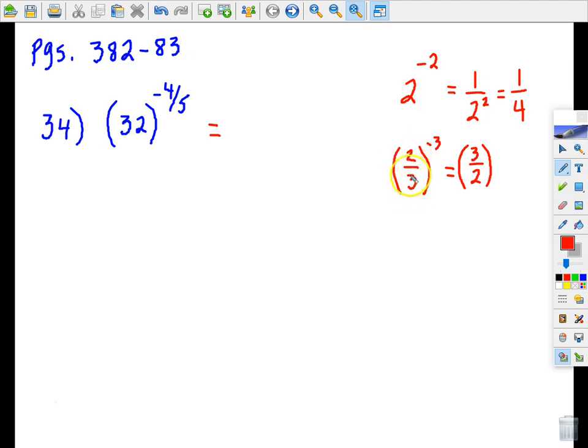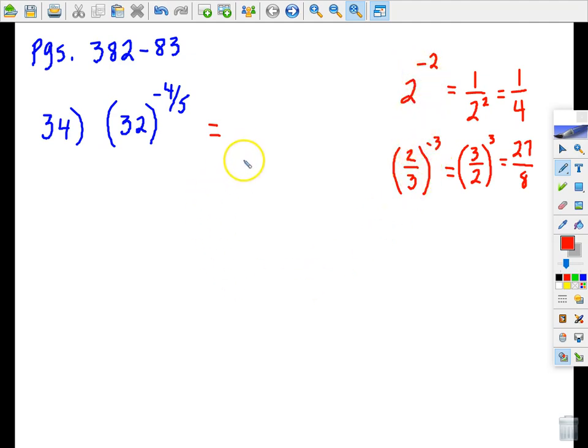And after writing the reciprocal of the base, I can then change the exponent to positive. So 2/3 to the negative 3 power is the same thing as 27, it's 3 cubed, over 8, it's 2 cubed. Okay, so just a quick review of negative exponents.